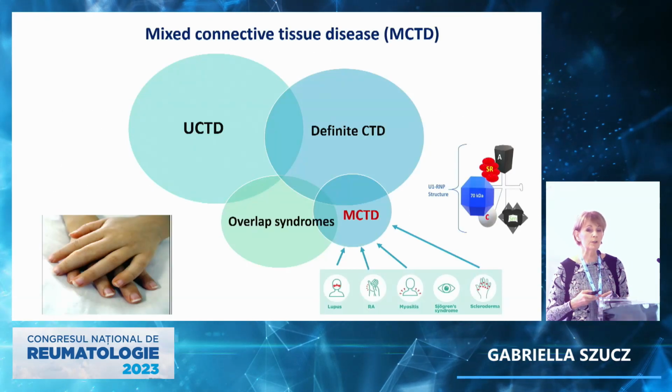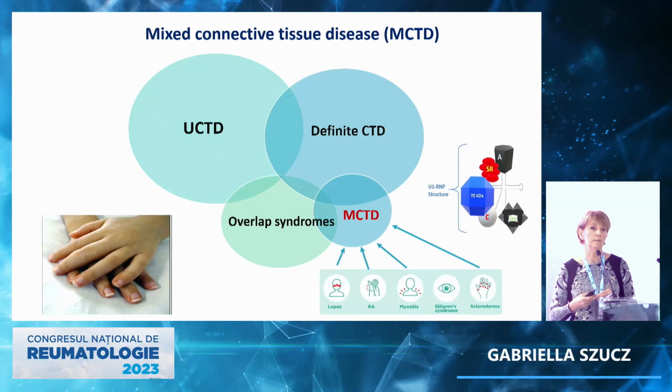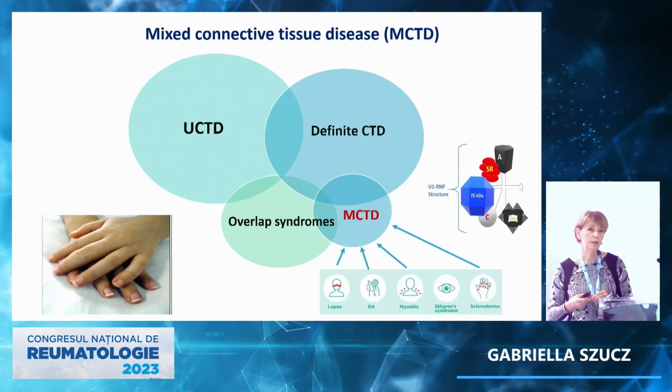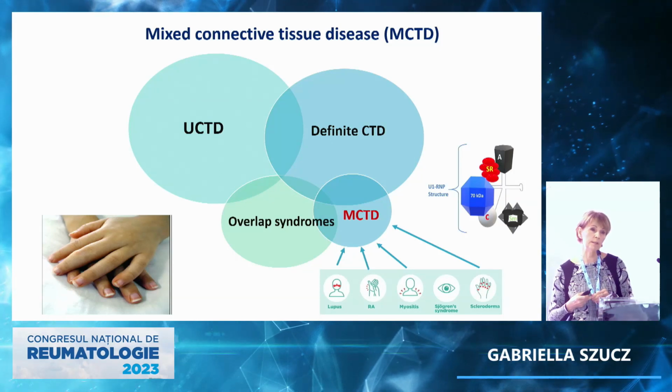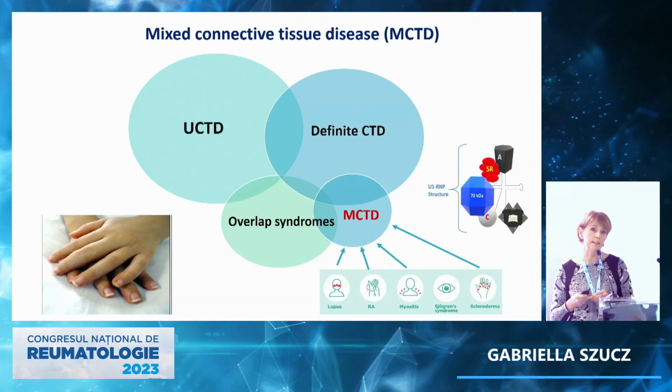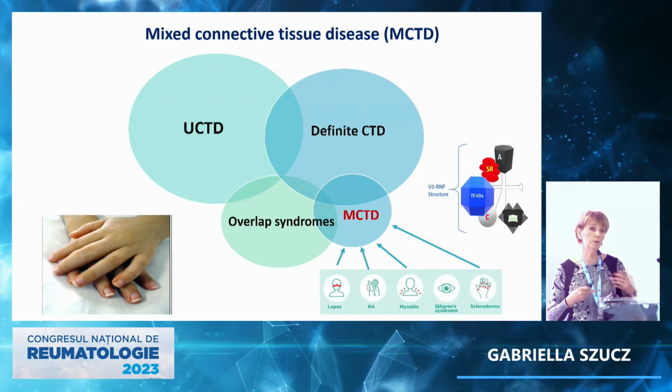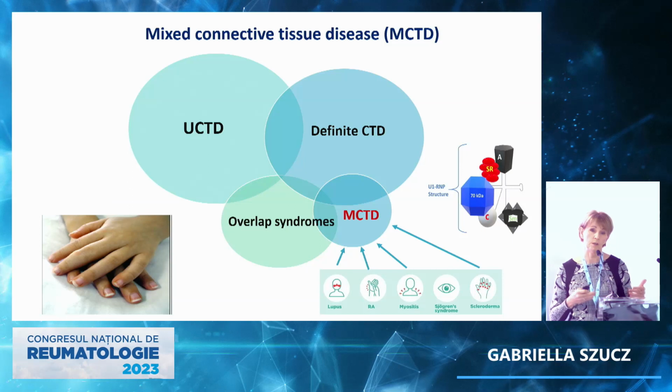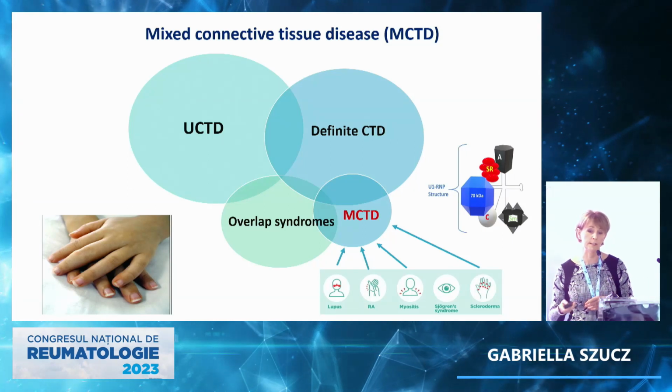What about mixed connective tissue disease? To this day, there is sometimes a debate whether it is a distinct entity or only a previous stage of a definite connective tissue disease.